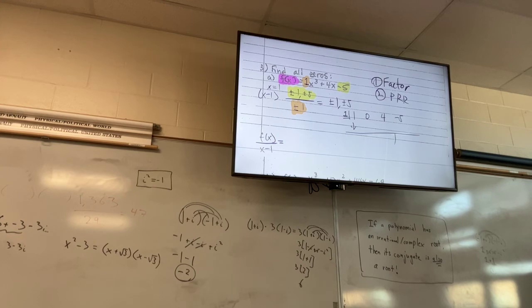Gets me into trouble. 1x cubed plus 0x squared plus 4x minus 5. So this is 1. 1 times 1 is 1. 4 plus 1 is 5. 1 times 5 is 5. So then we get x squared plus x plus 5.